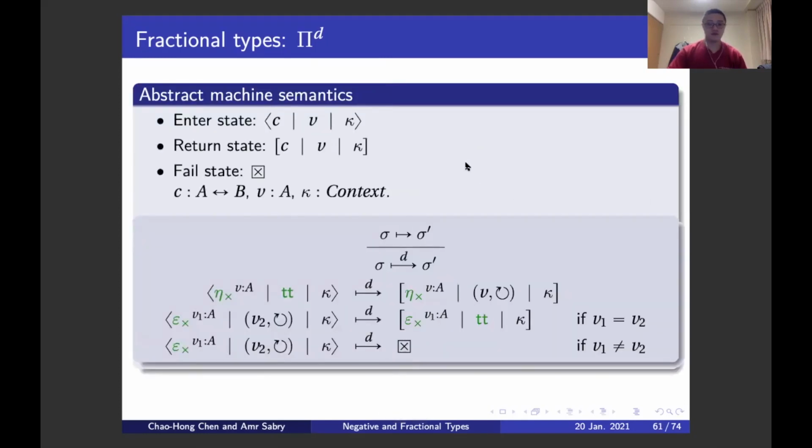And for the machine semantics, now we need to add a failure state because computation might fail. So for the transitions, we still have all the transition rules from Pi, and eta just creates the value in its index. And epsilon needs to check if these two values match.